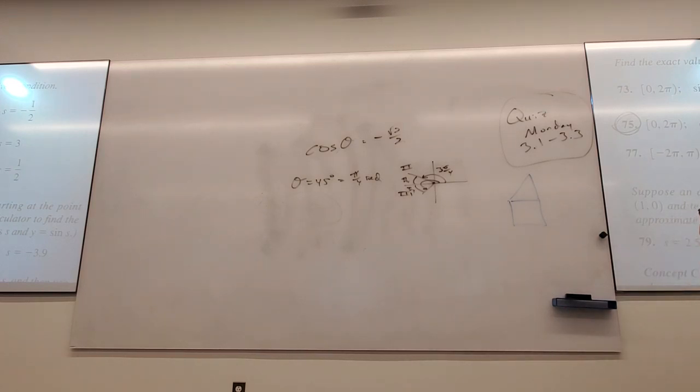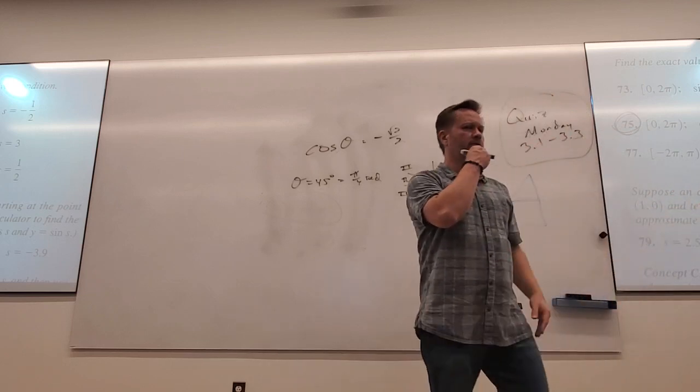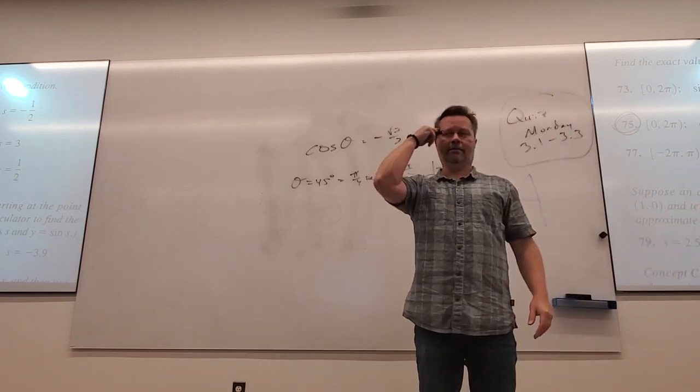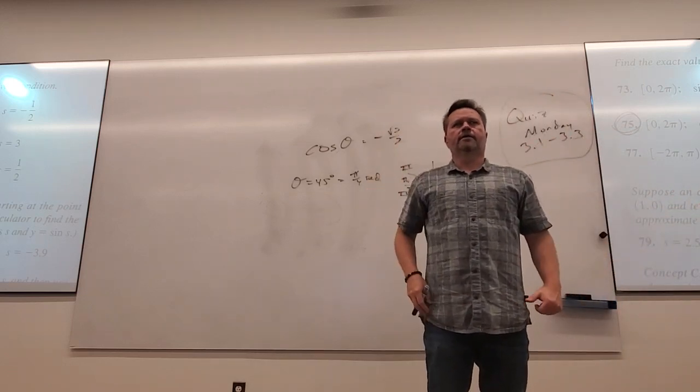Pi over 3 and pi over 6 are great, because 180 is easily divisible by 6 and 3. Or 45 times 2 is 90, 2 90s is 180, so 4 45s is 180. That's why it's pi over 4. Whatever way, get it up there.